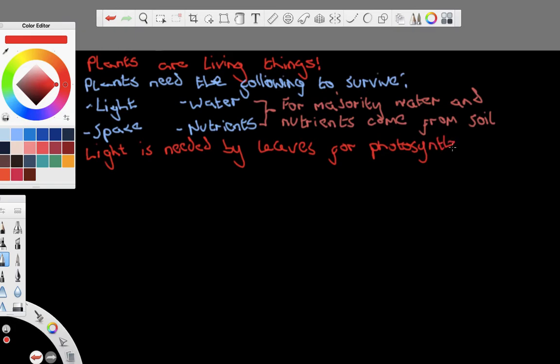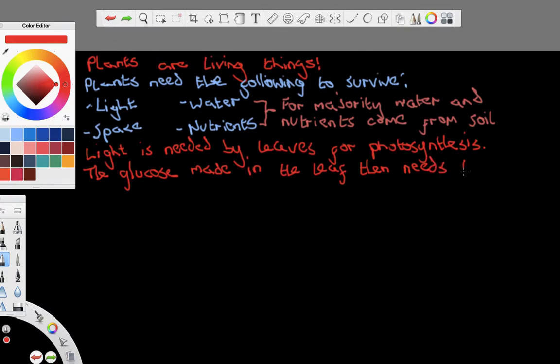Okay? Full stop. The glucose made in the leaf then needs to be transported to all cells for respiration.